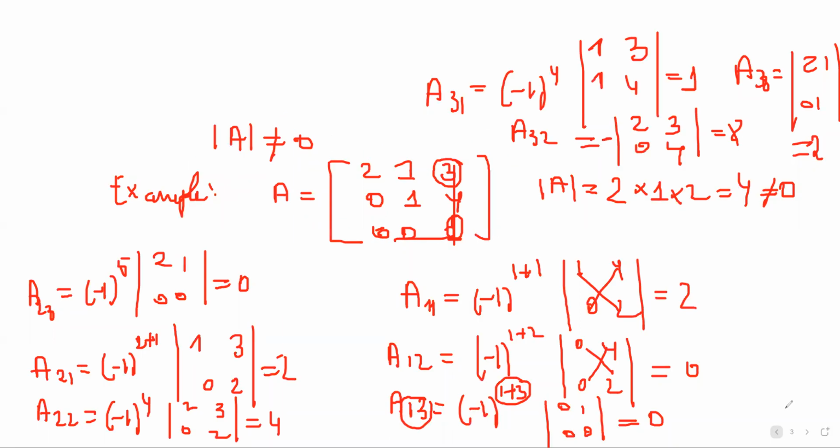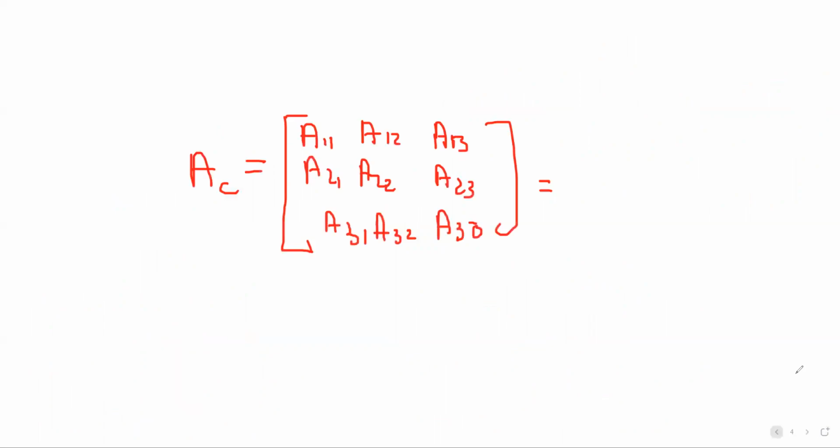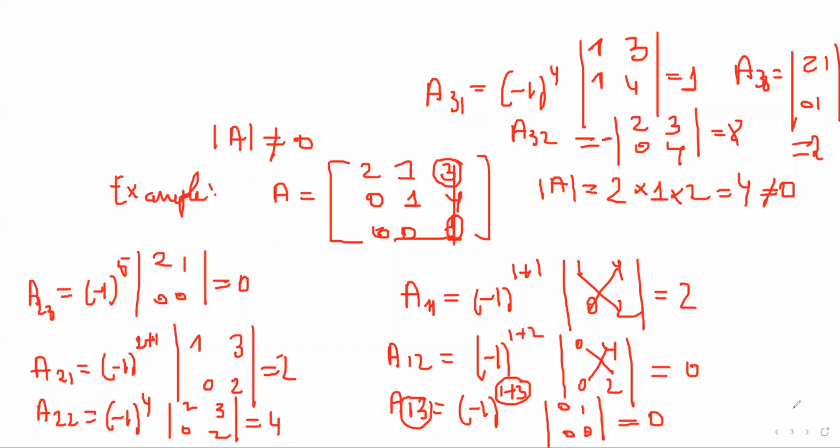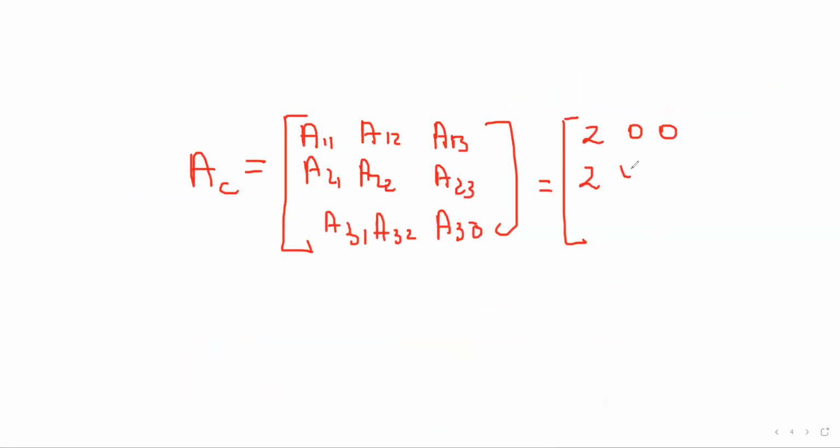So let's write everything here that we have found already. A11 is 2, A12 is 0, A13 is 0. So the first row is going to be 2, 0, 0. The other elements are the second row: 0 is A21, then 2, 4, 0.